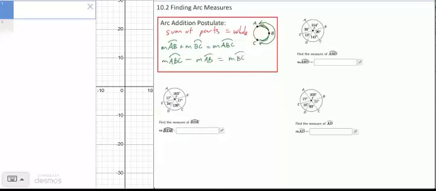And so the sum of the parts equals the whole, or you can also say that the part is equal to the whole minus the other part. And so that's the relationship that you're looking at here. The same holds true for angles.